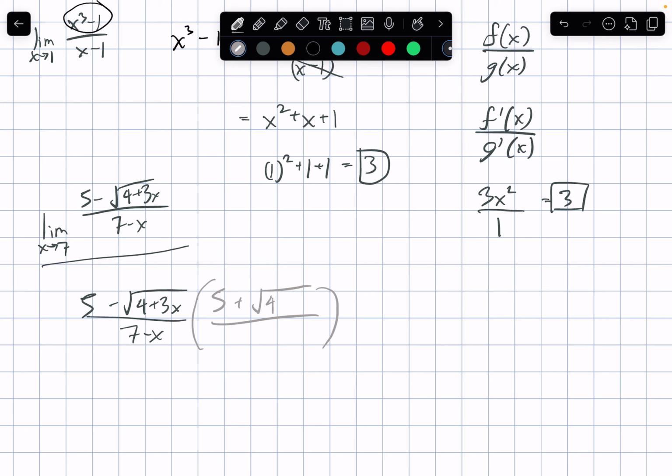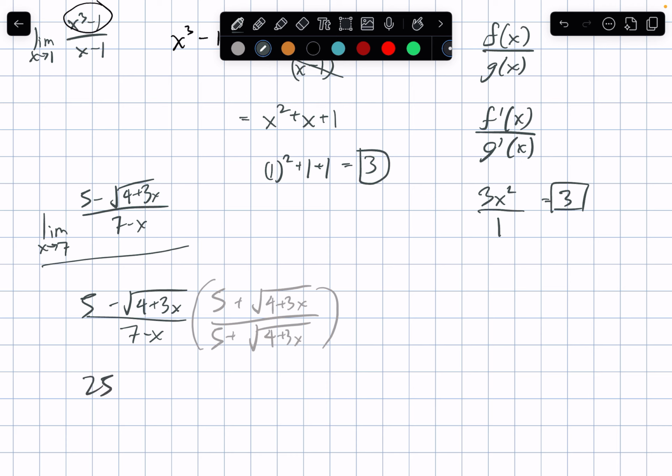So here it says minus, so we put a plus. Let's see first, before rationalizing, it's obvious that if we substitute x as 7, it's going to equal 0. So the denominator is 0, so we do need to find a different way.